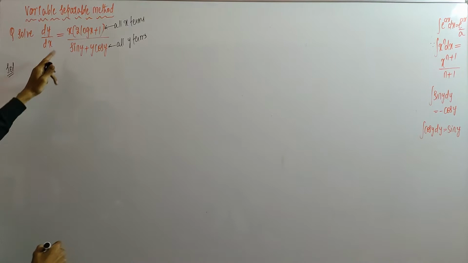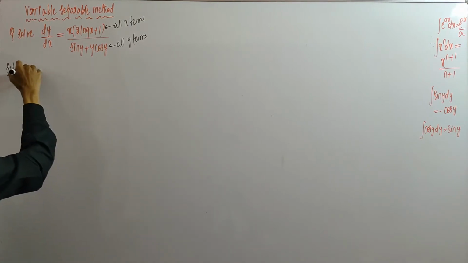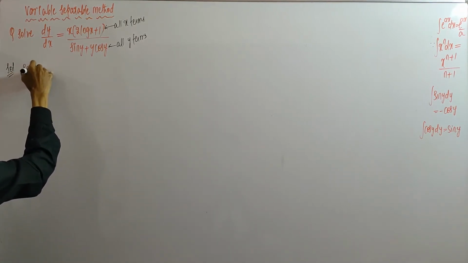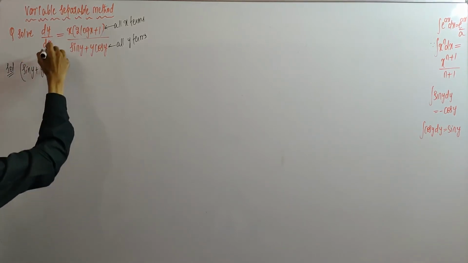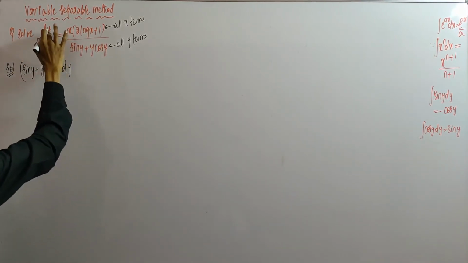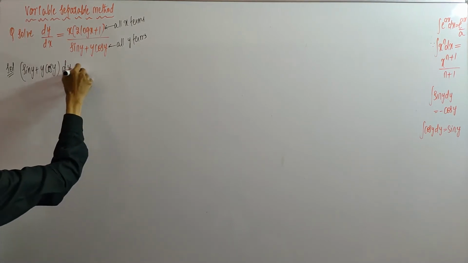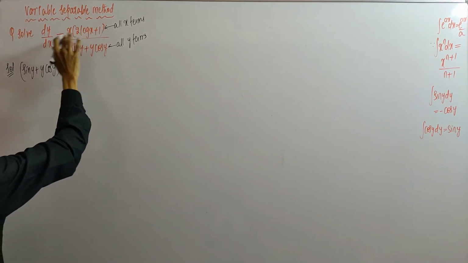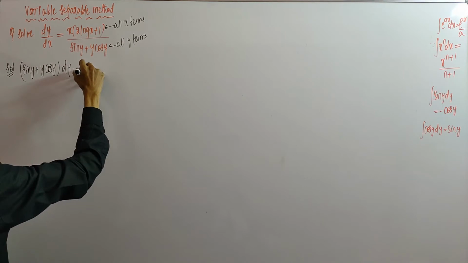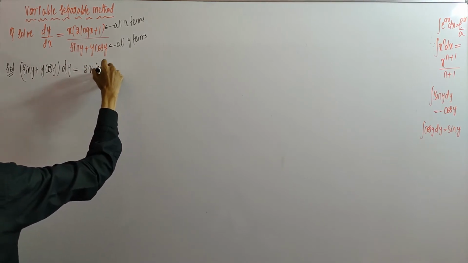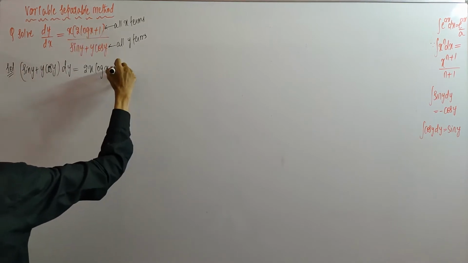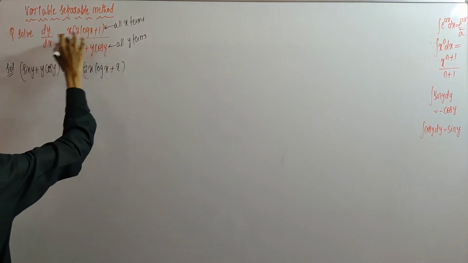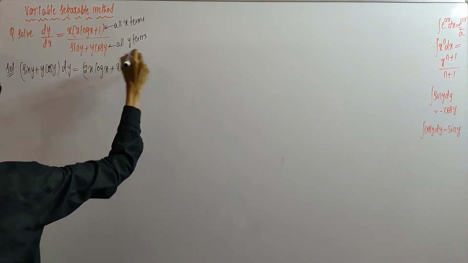Now cross multiply, then we'll get sin y plus y cos y into dy. This into this is equal to, here I have this term into this, so 2x log x plus x into 1, into this dx.